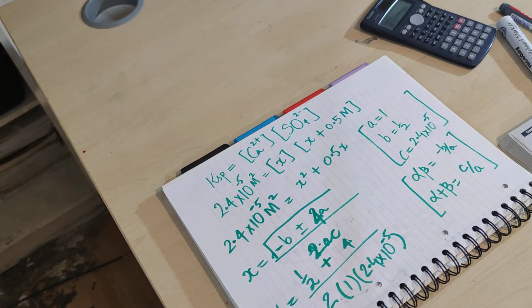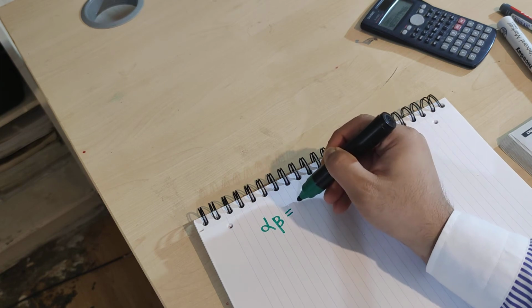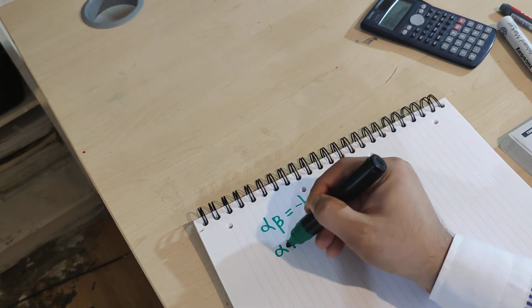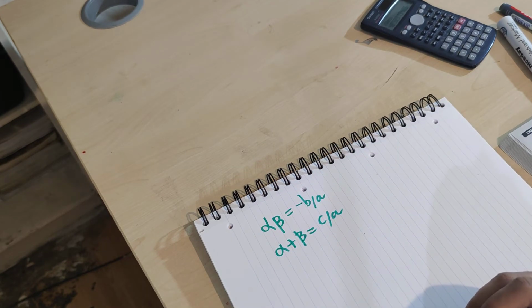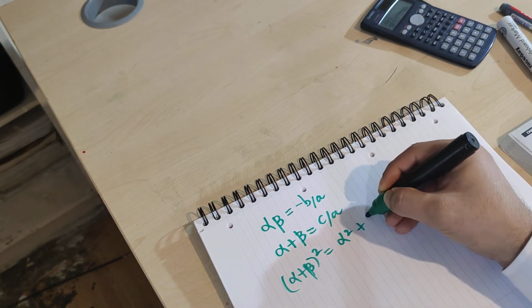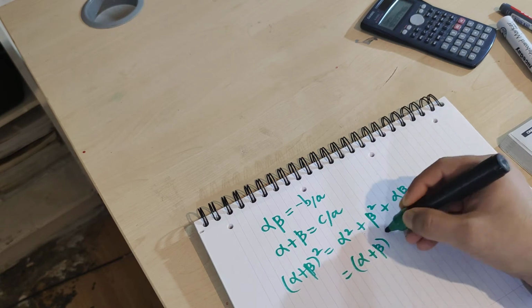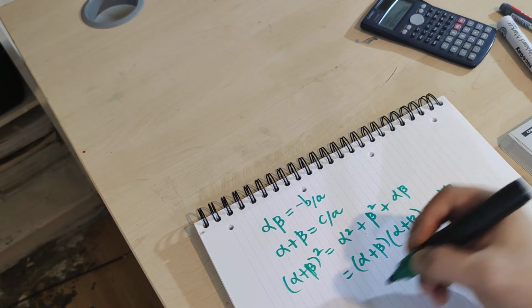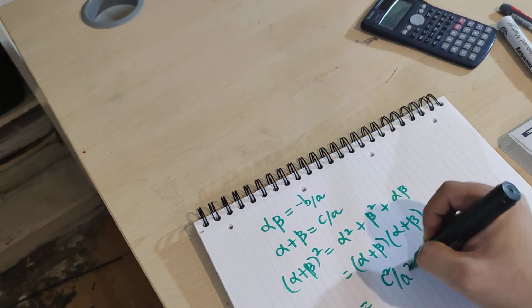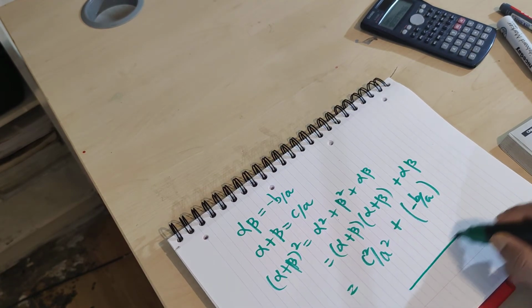So minus B, because I'll give you the proof as well. Basically, when you do alpha beta equals minus B over A, and alpha plus beta equals C over A, what happens is that when you square alpha plus beta, it becomes alpha squared plus beta squared plus alpha beta, and then it becomes C squared over A squared plus minus B over A, and then you resolve it.